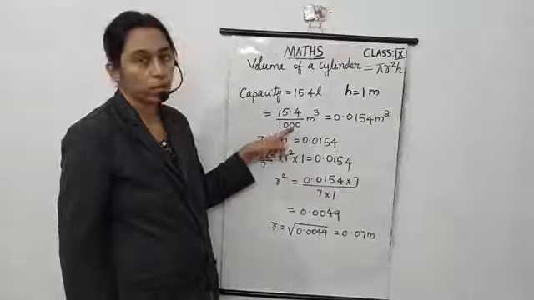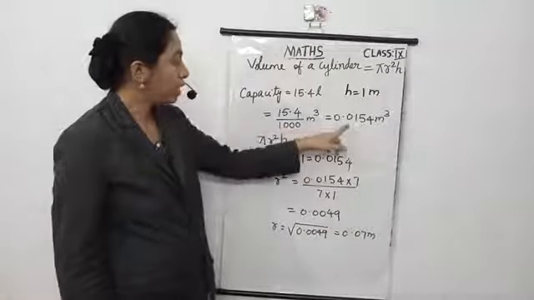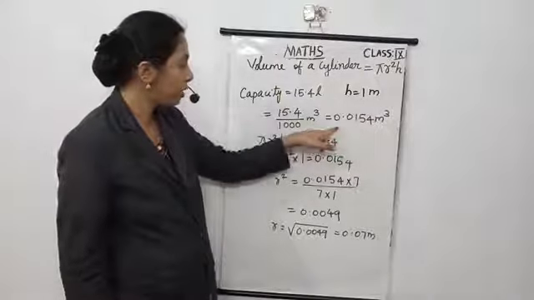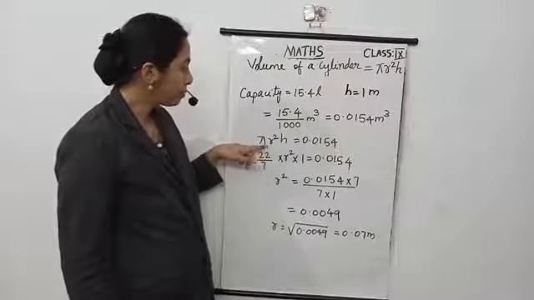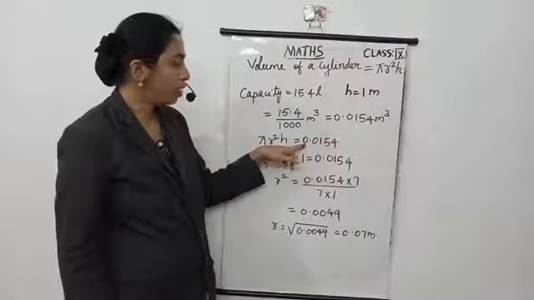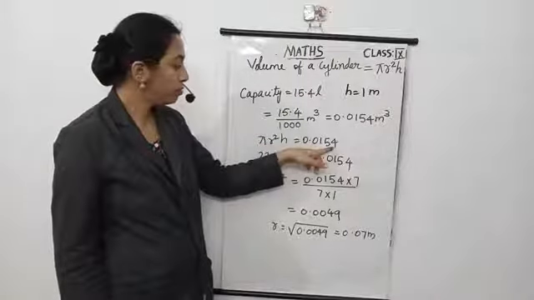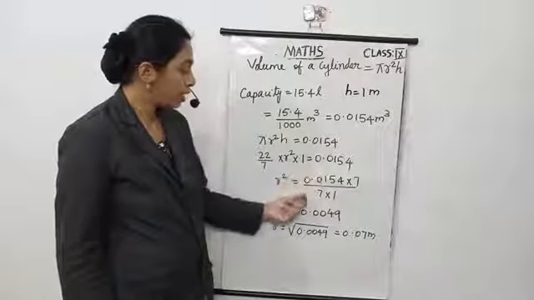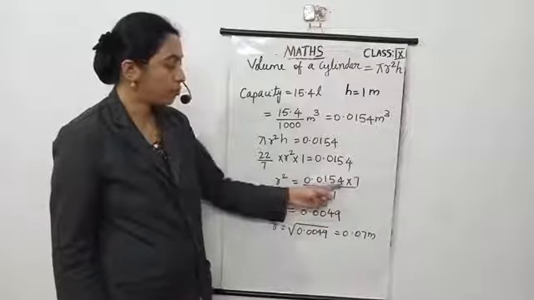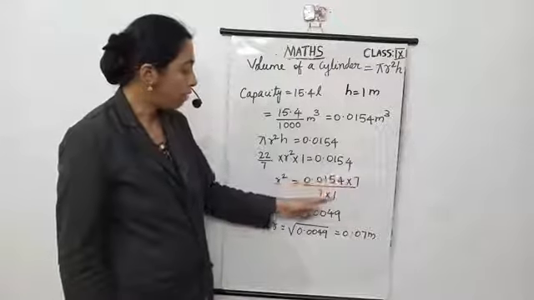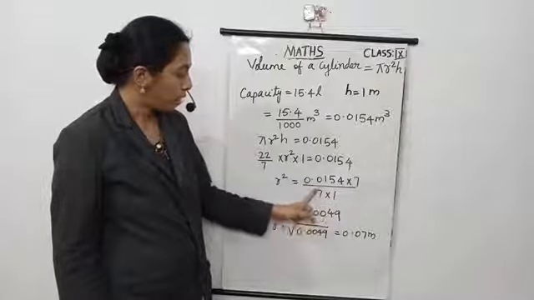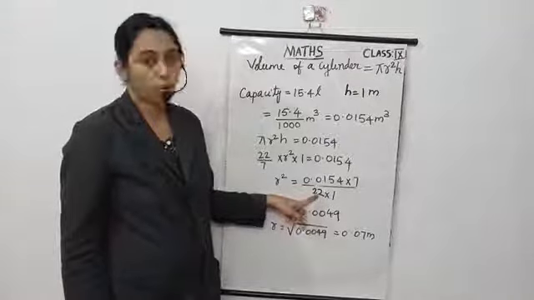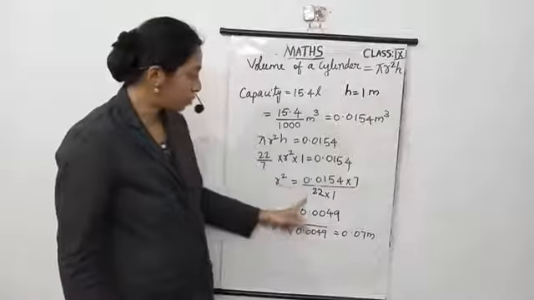1 liter equals 1 by 1000 meter cube, so we divide by 1000 and get 0.0154 meter cube. This is the capacity, so pi r square h is equal to 0.0154. Now substitute the values. We get r square equal to 0.0154 into 7 by 22 into 1. Here 22, not 7, transposes to this side.